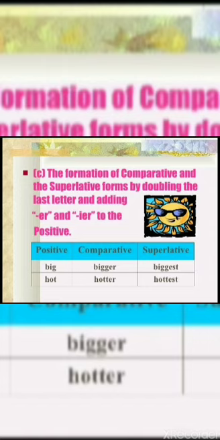For example, big. In big the spelling is b-i-g, but in comparative degree, we double the last letter, that means double g, and add er. It gets converted to comparative degree. When we double the last letter and add est, it becomes superlative degree. Same, hot, hotter, hottest.